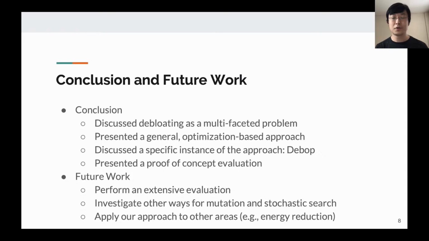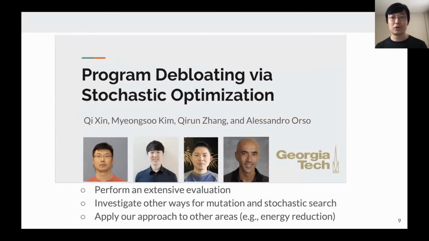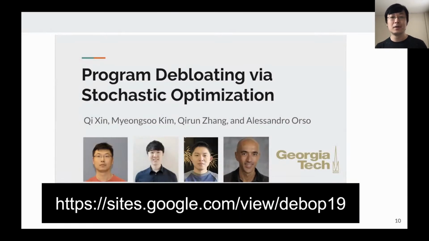As future work, in addition to performing an extensive evaluation, we would investigate other ways for program mutation and stochastic search for better optimization. We would also apply our approach to other areas, for example, to reduce energy and improve efficiency. If you want to know more, please read our paper and check our debop tool. Thank you. I'm happy to take questions.